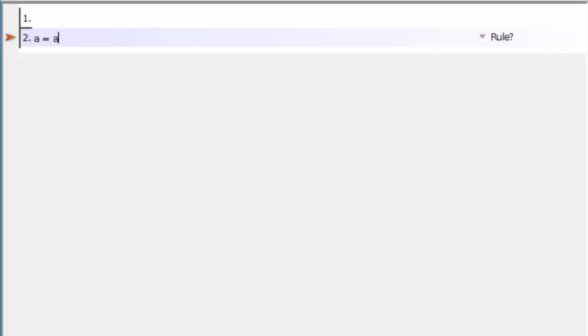Unlike, say, the name Bob in English, in which there are several people named Bob. There is only one object in our discourse that is named A when we're using A in FOL. So to say that A is numerically identical to A, since A can only refer to one object, it turns out that that has to be true. There's no way for A to be something different than A.